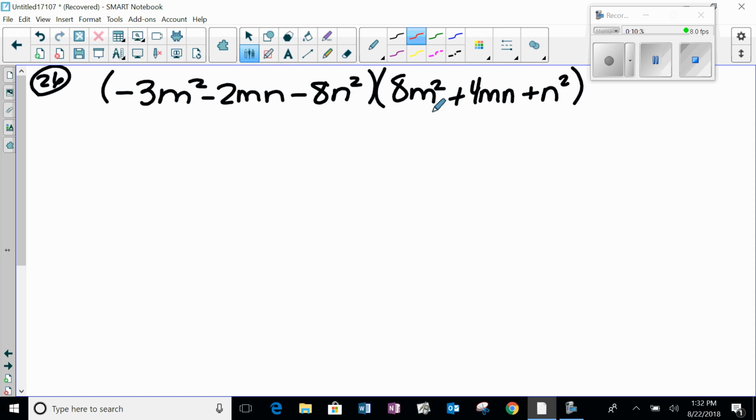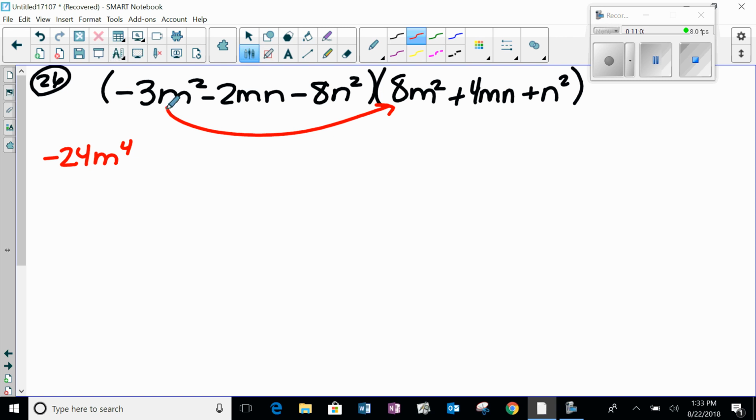So for this problem, we have a trinomial times a trinomial. We're still using the distributive property. I'm going to take the first term in the first polynomial, multiply it by the first term in the second polynomial. So negative 3m squared times 8m squared is going to be what? Negative 24m to the fourth.